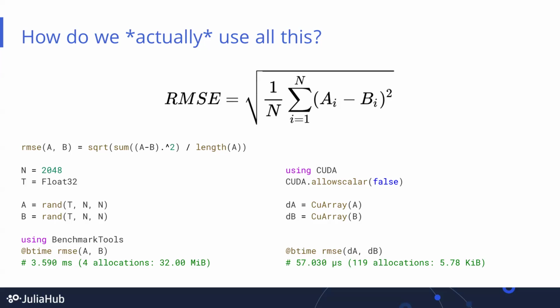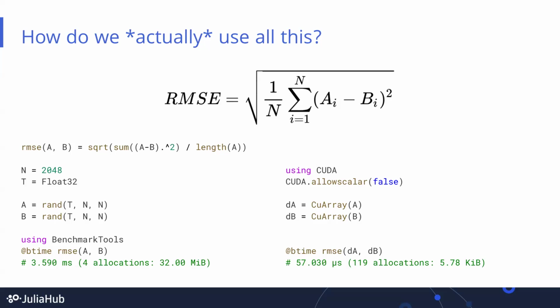The way you would trivially implement this on the CPU is really using this fairly legible expression. You execute it by allocating some data. We're going to be working with 2048 by 2048 single precision floating point numbers, and I'm using the BenchmarkTools package to benchmark this function, executing in about 3.5 microseconds.